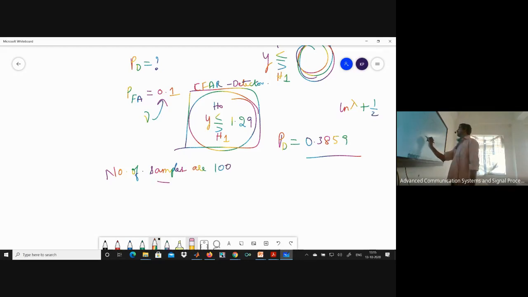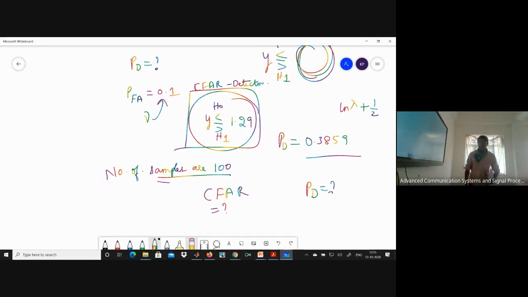What is the CFAR detector and what is the probability of detection? This is the question. Do it. If you have any questions, you can ask.